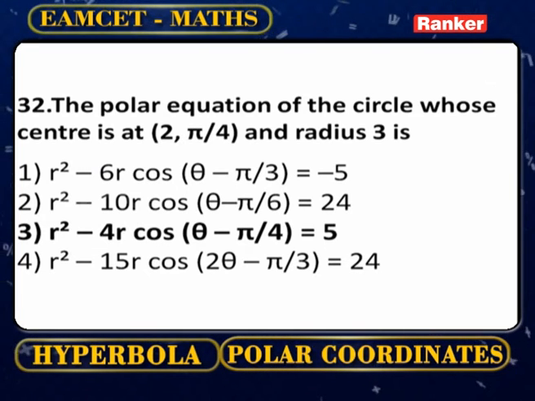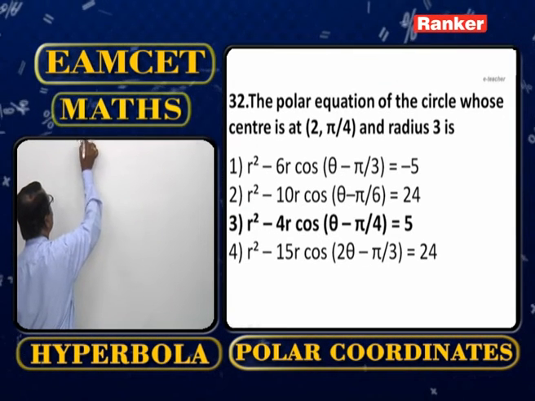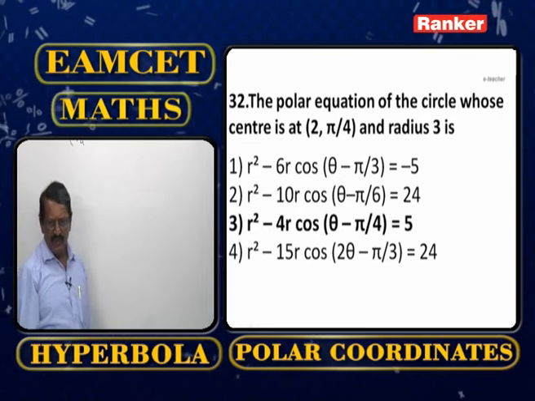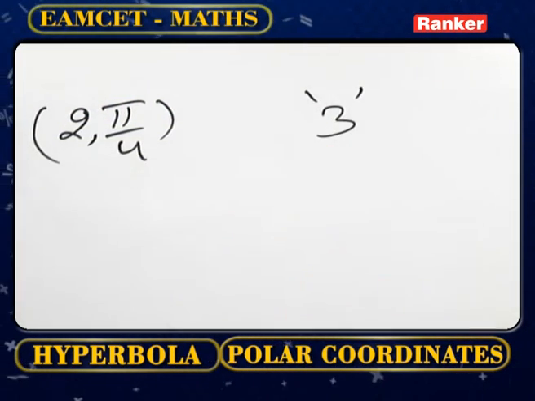The polar equation of the circle whose center is 2 comma pi by 4 and radius 3 units.